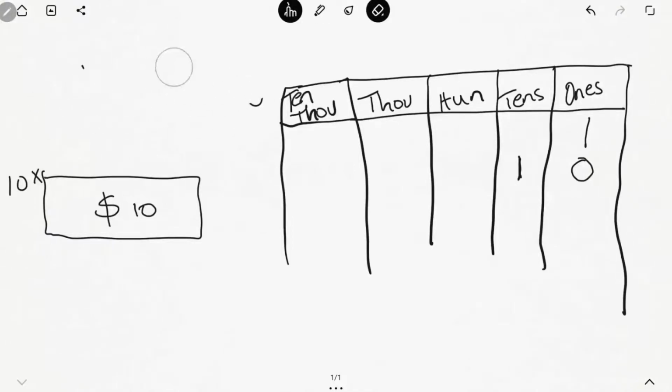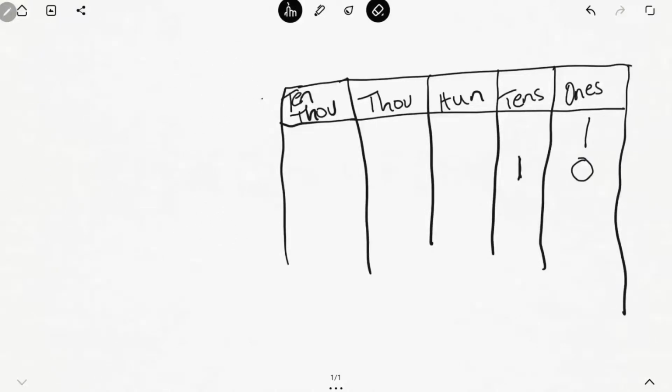All right, in order to write that in a place value chart, technically we could write 10 tens like this, but that's not how we write it. We put one digit under each column. So to write 100, we say we have one $100 bill, 0 tens, and 0 ones.